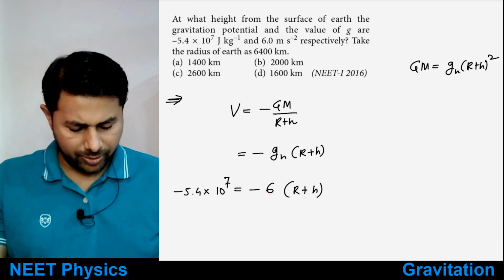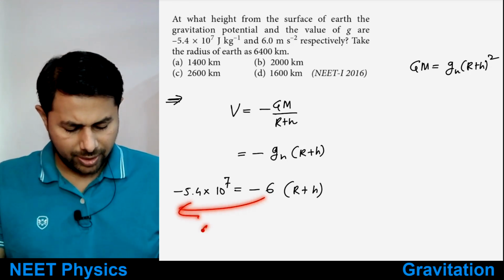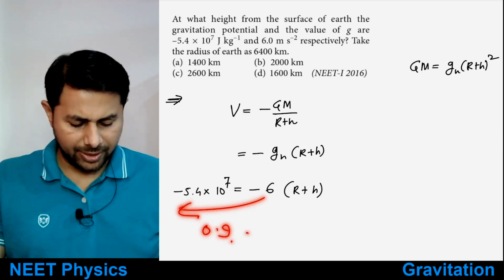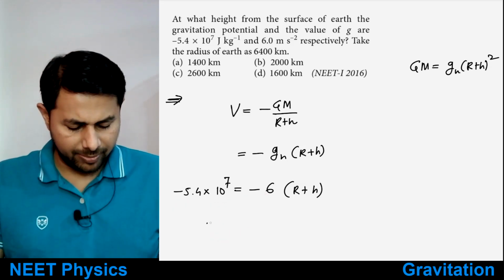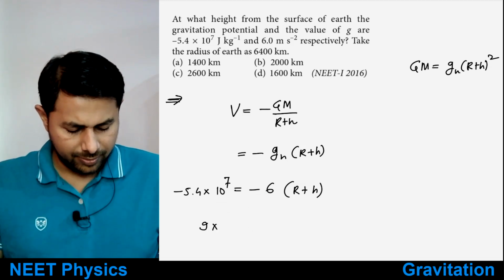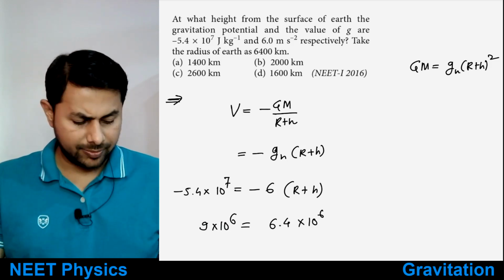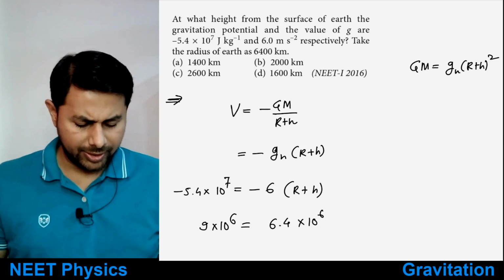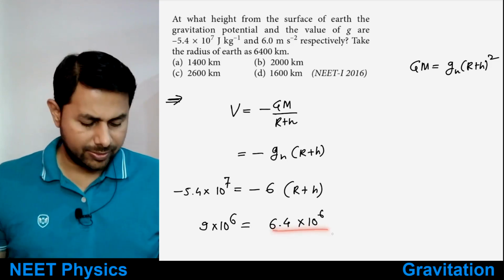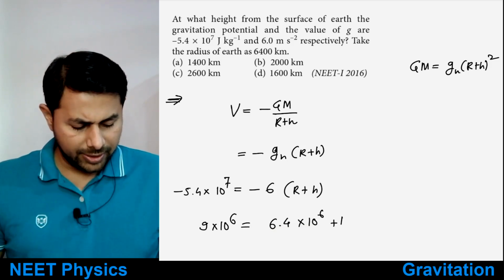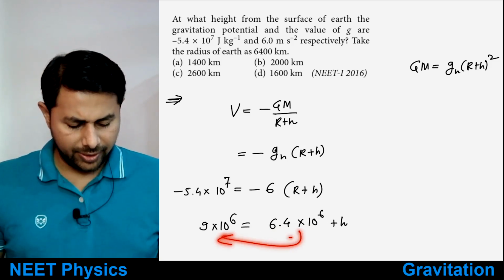So 5.4 divided by 6 is how much? 0.9. So 0.9 into 10 raised to 7 means 9 multiplied by 10 raised to 6, and the radius of Earth is 6400 kilometers, which means 6.4 into 10 raised to 6, plus H is equal to this.